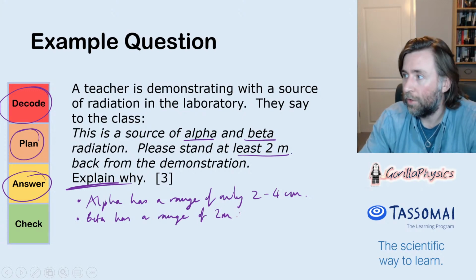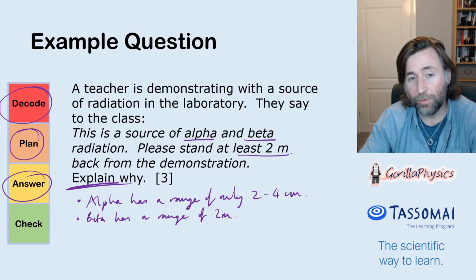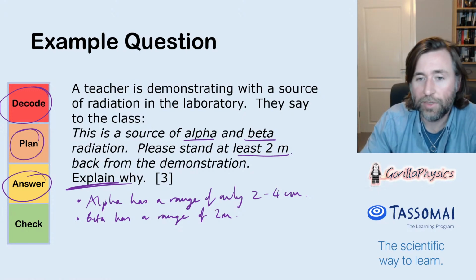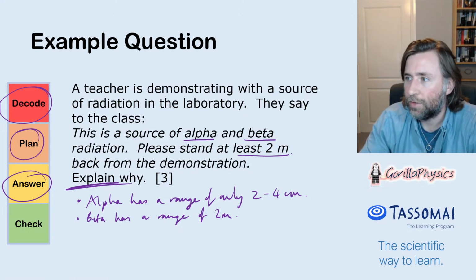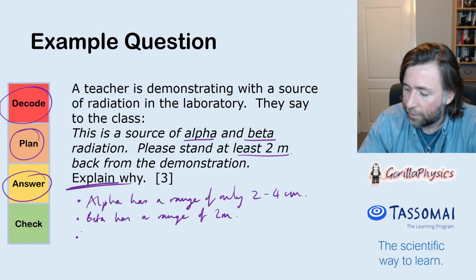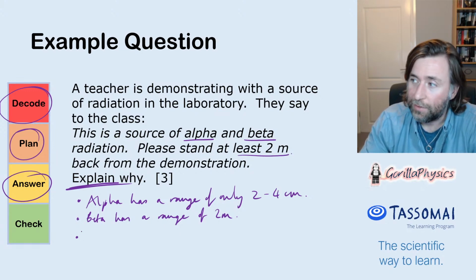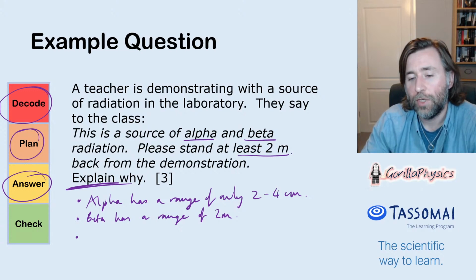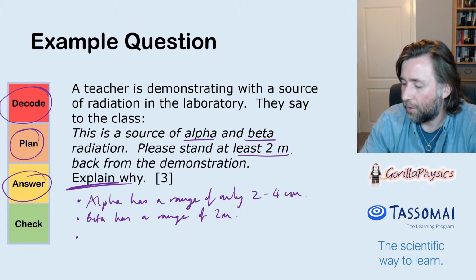So none of those particles will get through the air beyond 2 meters, and so by being at least 2 meters back from the demonstration, none of those particles are likely to hit the people. And so the last point is that basically, when you're further than 2 meters, those particles will not be able to reach the people.